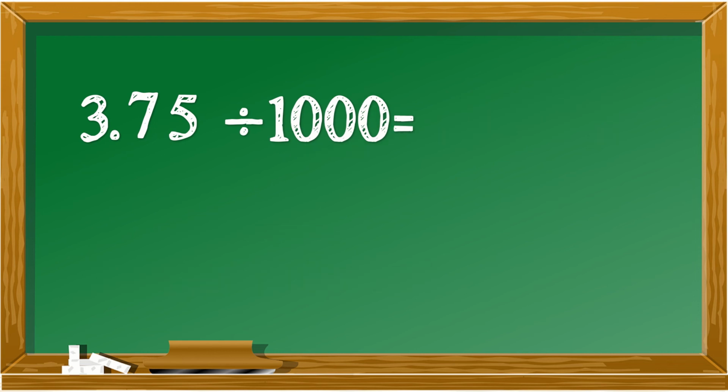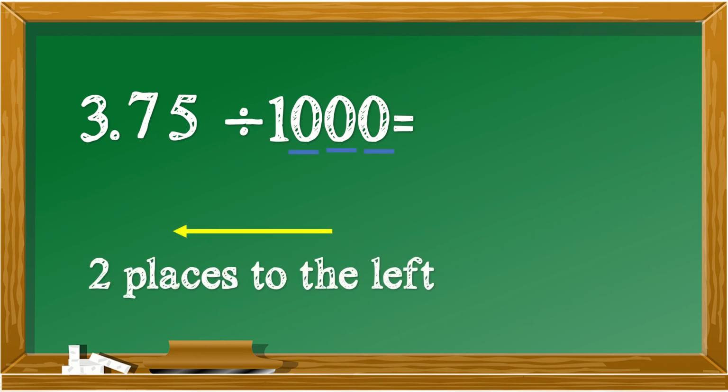Next, 3 and 75 hundredths divided by 1000. 1000 has 3 zeros. So we will move 3 decimal places to the left.